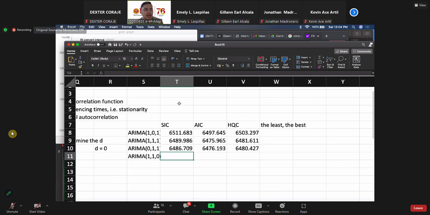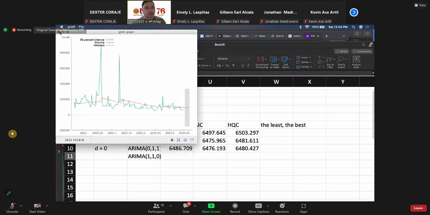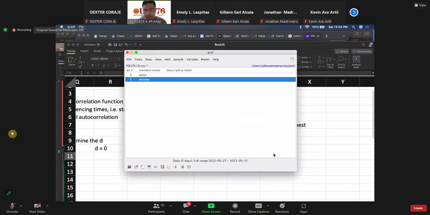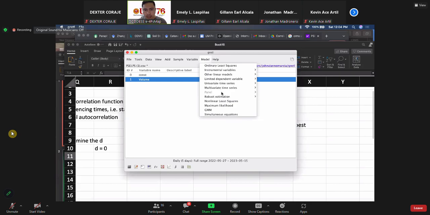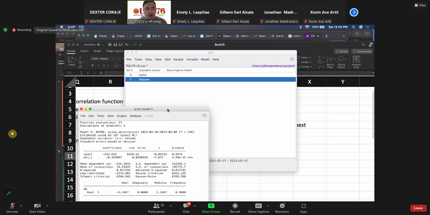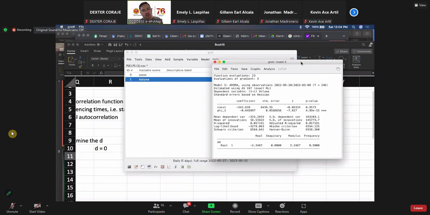Now, let's try ARIMA 110. Univariate, 110. So when you difference it once and you remove the moving average term, the series is autoregressive alone.